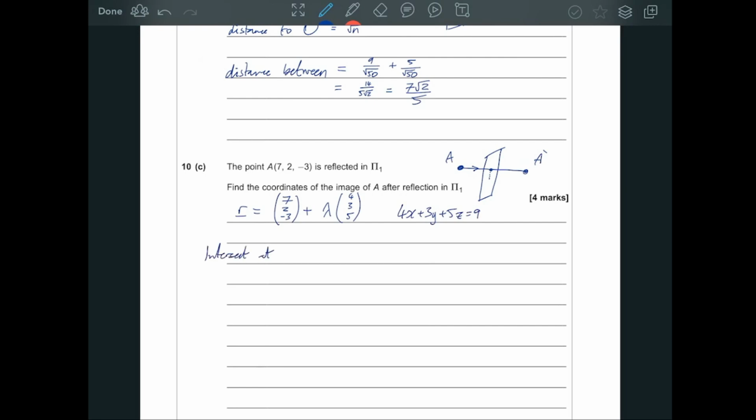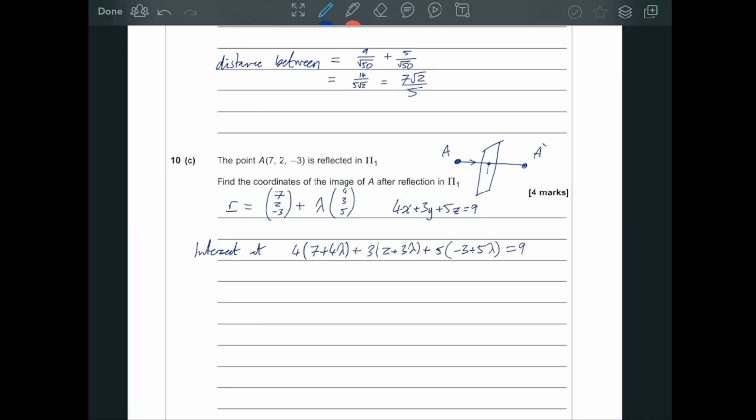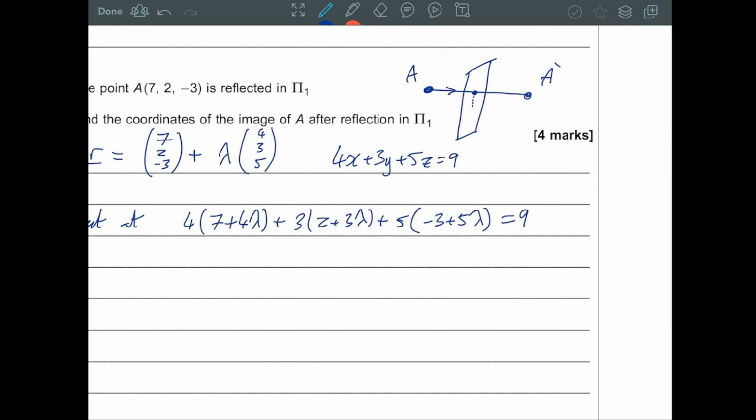So these intersect at 4 lots of, plus 3 lots of, plus 5 lots of, equals 9. And expanding and simplifying that, one of the nice tricks is, because we're using the normal vector for the direction and the normal vector of the plane, the coefficient of lambda is just the modulus of that squared. Doing the other parts, 4 times 7 plus 3 times 2 minus 3 times 5 gives 19.